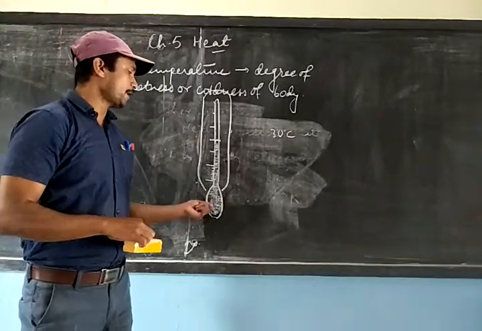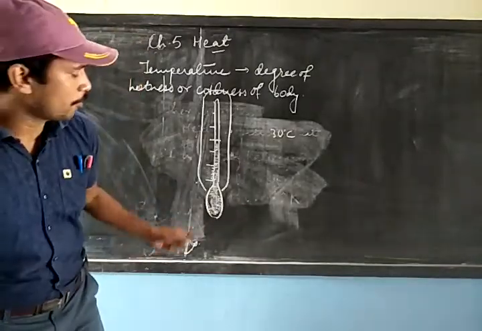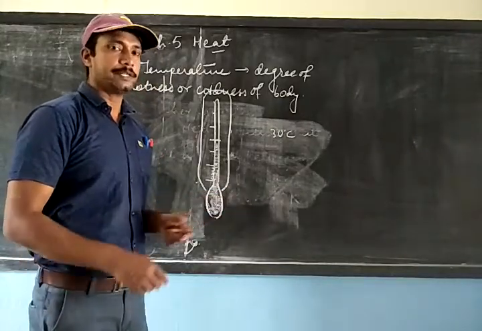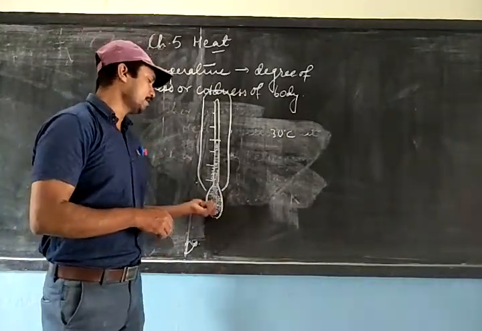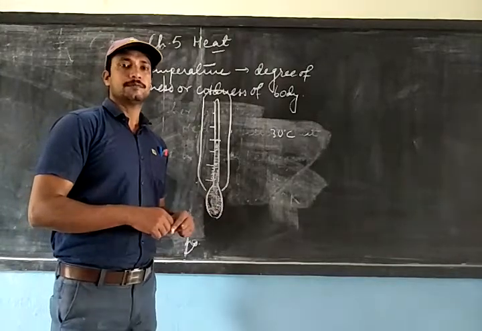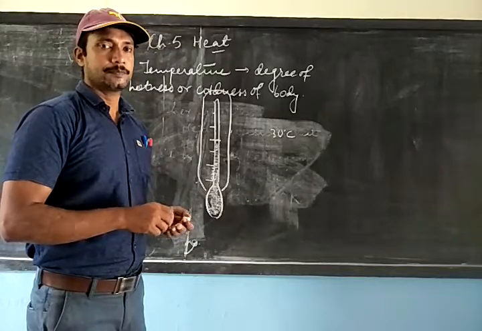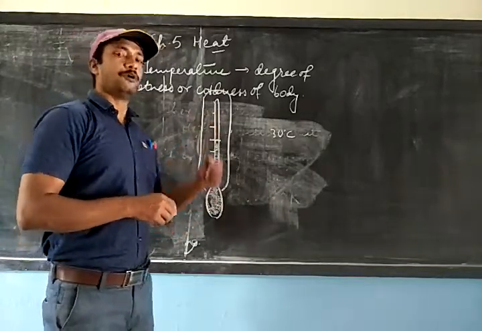Now the question comes: why do we take mercury in this thermometer? There are various reasons. Number one, it is the only metal which is in a liquid state. Then it expands uniformly.